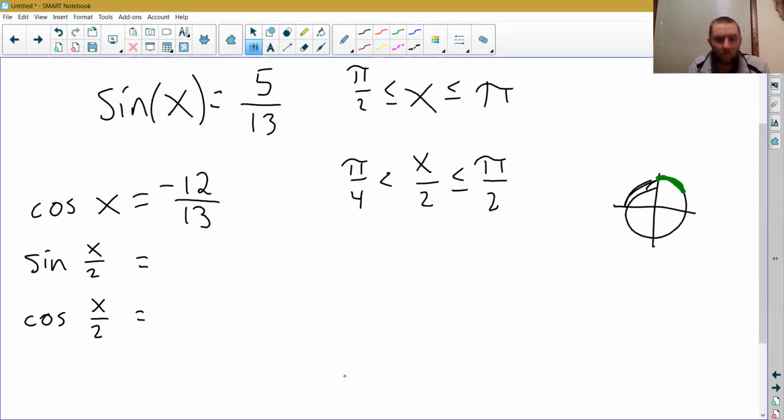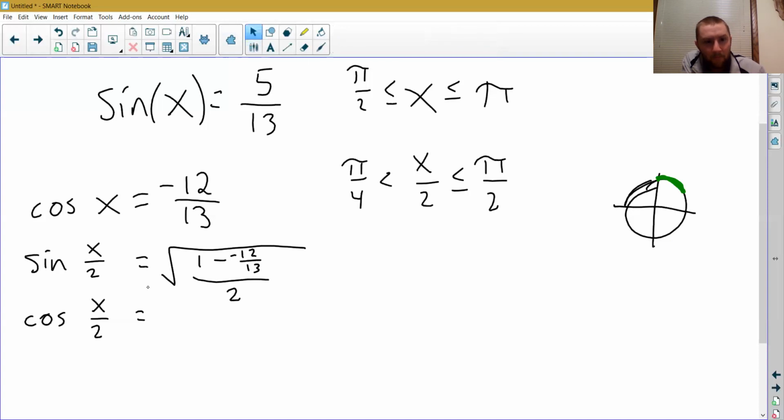I'm going to start with the sine, and I know it's going to be the positive version of the square root of, let's see, 1 minus the cosine, which is negative 12 over 13, all divided by 2. Let me give myself a little bit more room here.